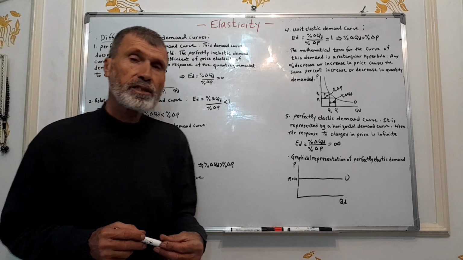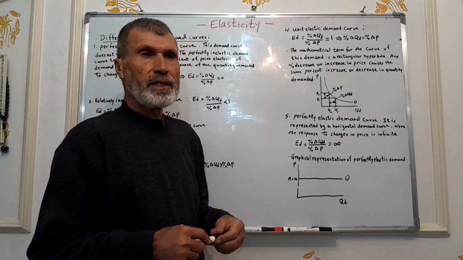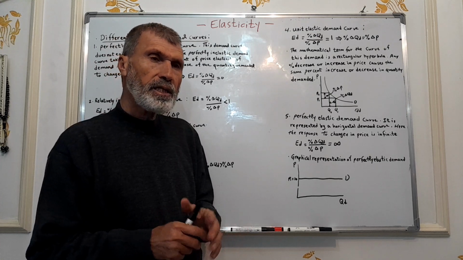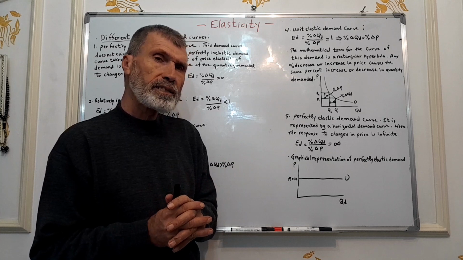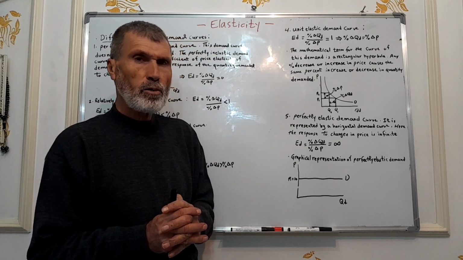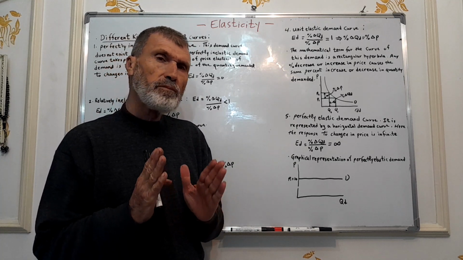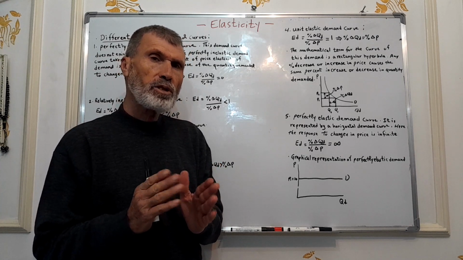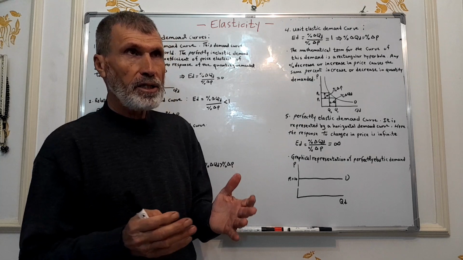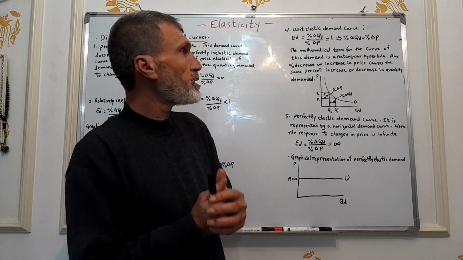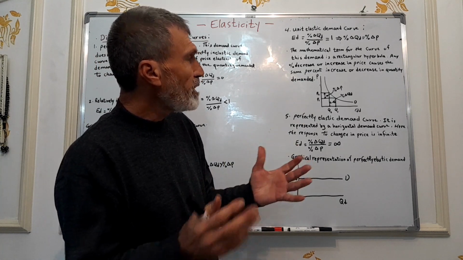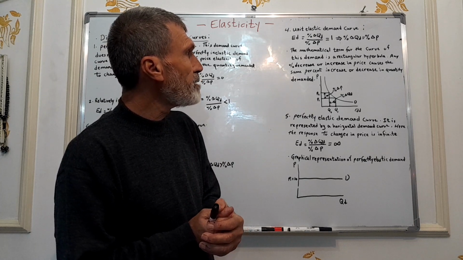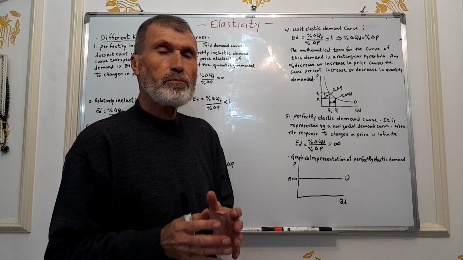The fourth type of demand curve is the unit elastic demand curve. Here, the coefficient of the price elasticity of demand is equal to 1. That means the percentage change in the quantity demanded is equal to the percentage change in the price. The mathematical term for the curve of this demand is a rectangular hyperbola.